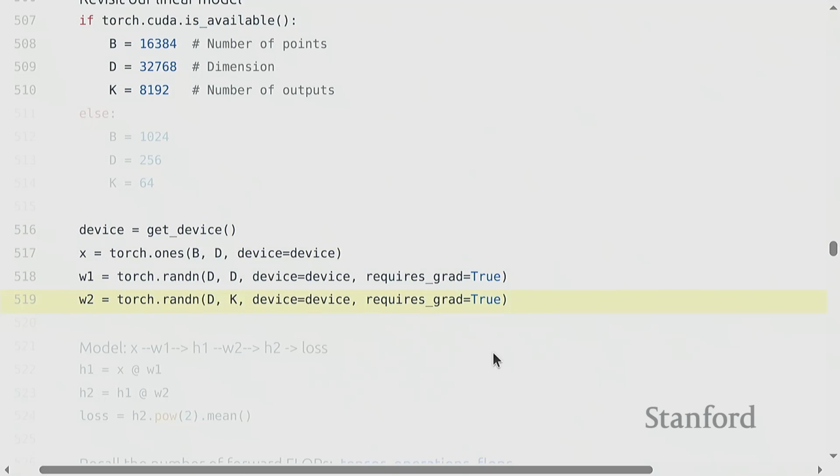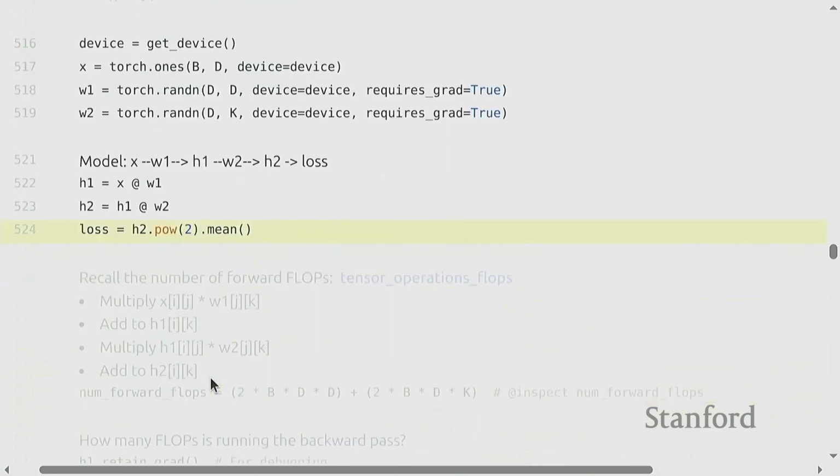So now it's a 2-layer linear model where you have x, which is b by d, times w1, which is d by d. So that's the first layer. And then you take your hidden activations, h1, and you pass it through another linear layer, w2, to get a k-dimensional vector, and you compute some loss.